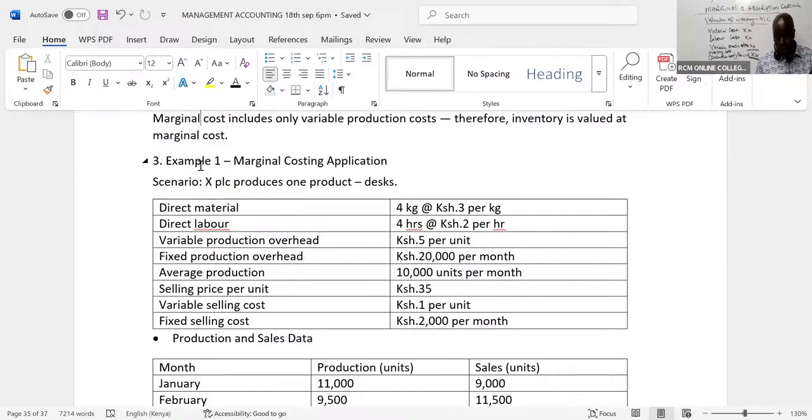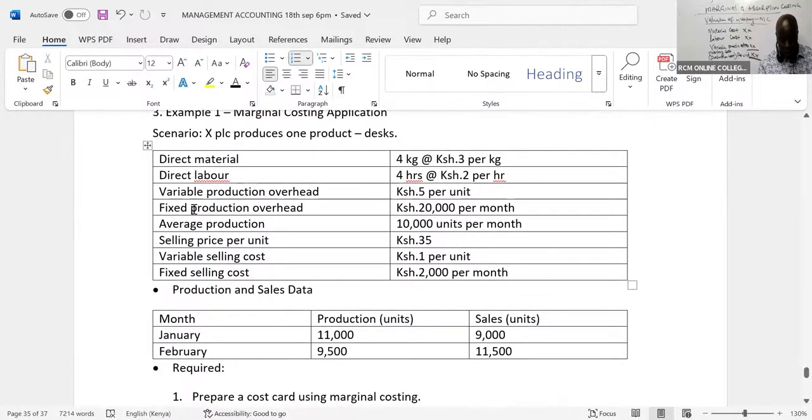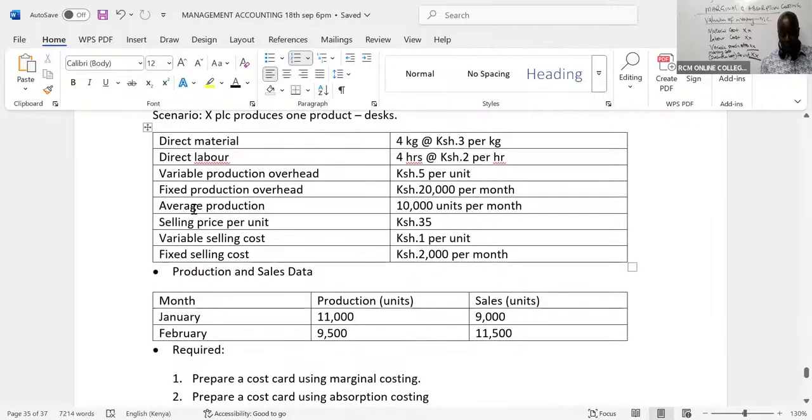Then we have variable production overhead, fixed production overhead, average production, selling price per unit, variable selling cost. Then we have fixed selling cost, 2,000. Then you can see the quantities for the month of January. In the month of January, we produced how many units?